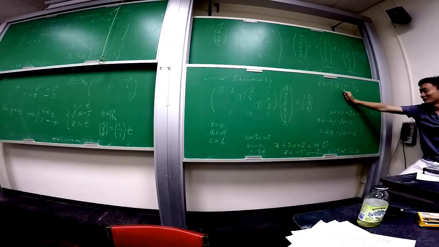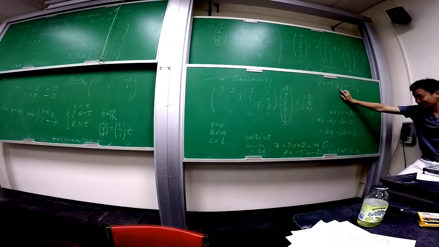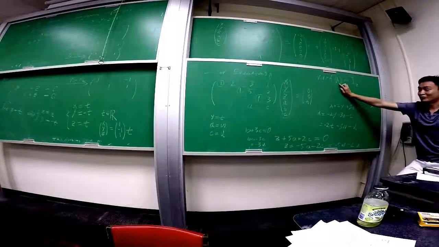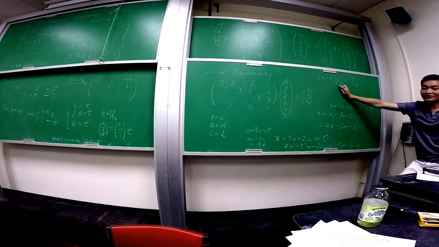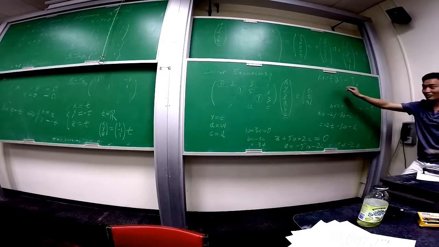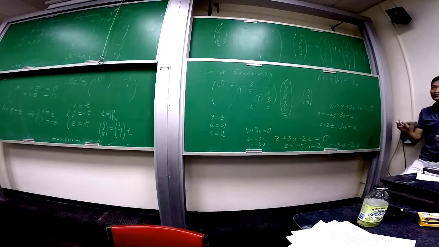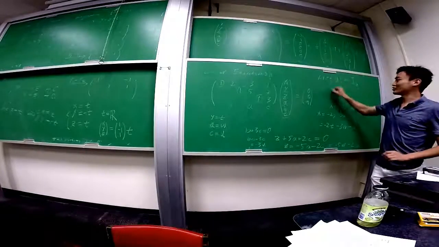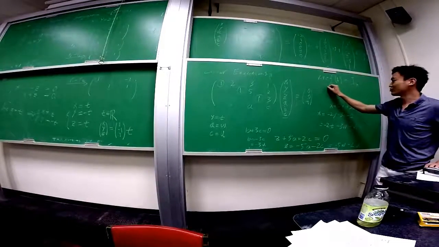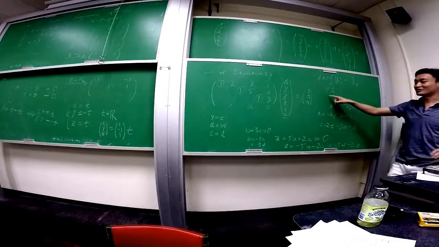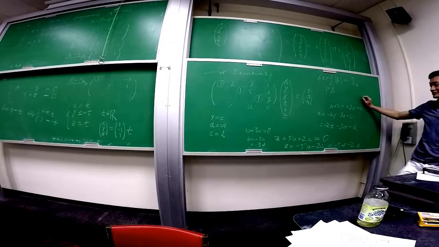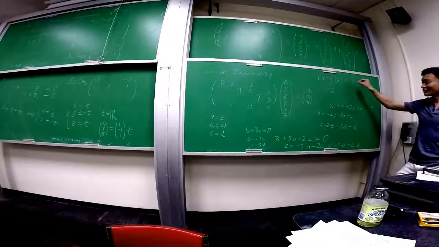Why is it invertible? Because the elementary row transformation is invertible, right? And the reduced row echelon form of A is obtained by doing some elementary row transformations, which means this reduced form of A is equal to PA, in which P is an invertible matrix, and PA is equal to the identity.